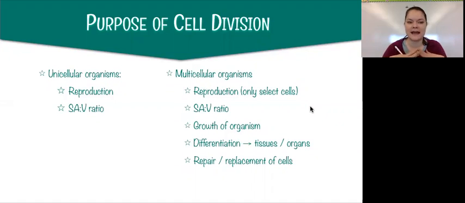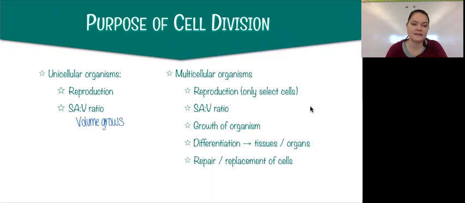So usually what's going to happen with unicellular organisms is that their surface area to volume ratio decreases as they grow. So you'll remember as we were looking at cell membranes, that membrane is going to be how stuff gets in and out. So as a cell gets larger and larger and larger, the volume grows.